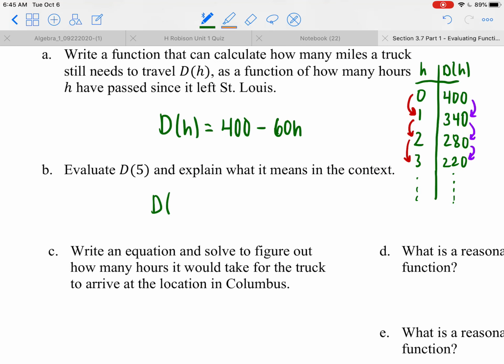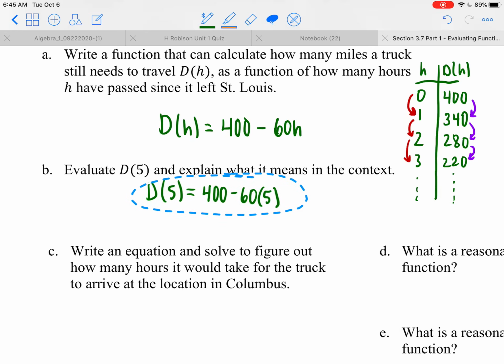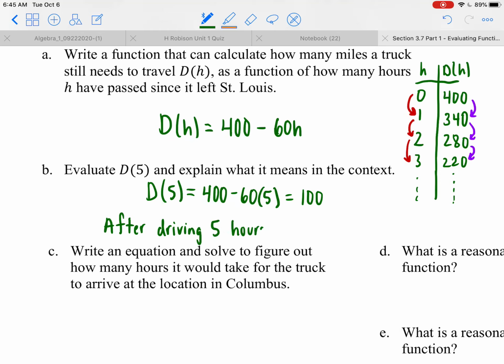So d of 5 would be 400 minus 60 times 5. Right? 400 minus 60 times 5. We're just substituting in a 5 where the h is there. So this would be 400 minus 300, so that'd be 100. That means after driving 5 hours, you still have, so what does this 100 mean here?